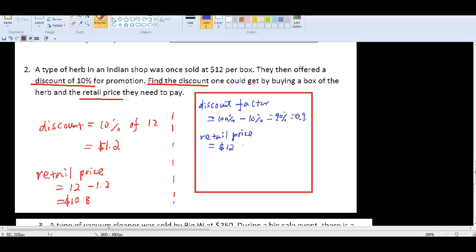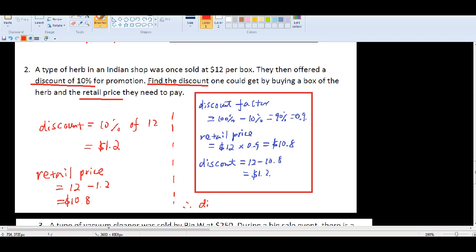So it's $12 times 0.9, and it becomes $10.8, which is the retail price. And you go back to find the discount by using $12 take away $10.8, which is $1.2. So we know the answer.